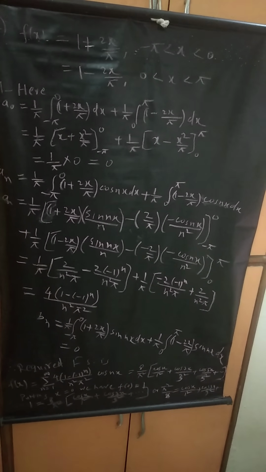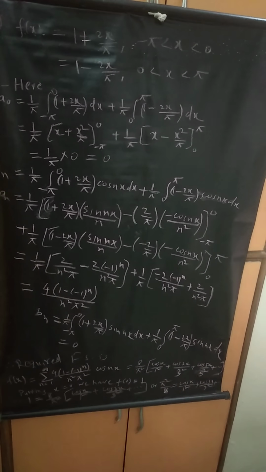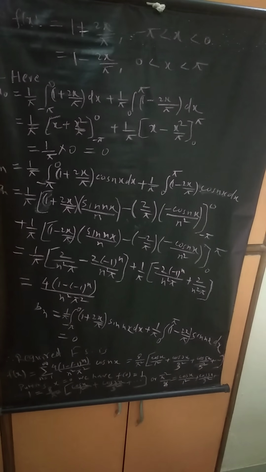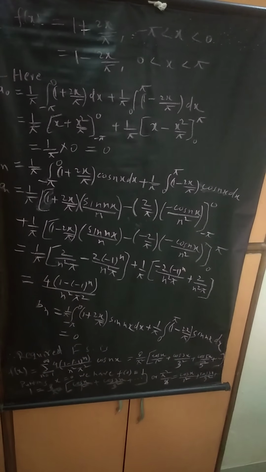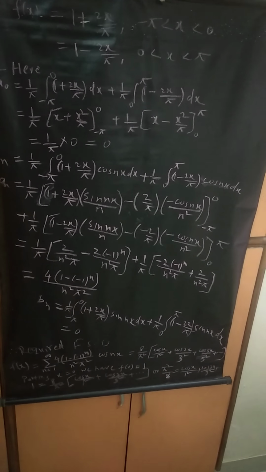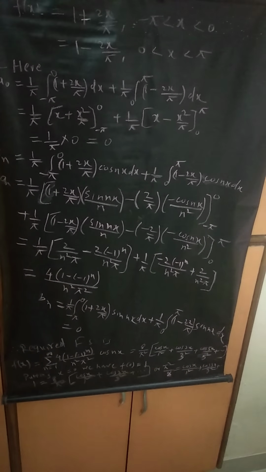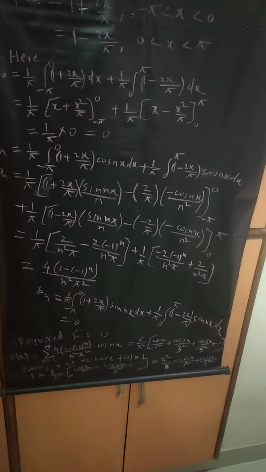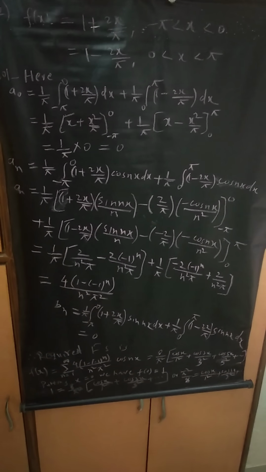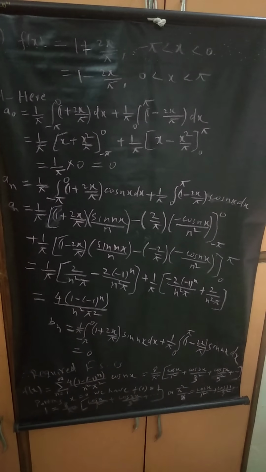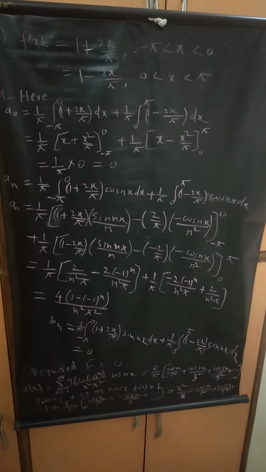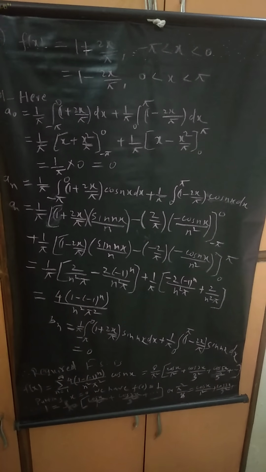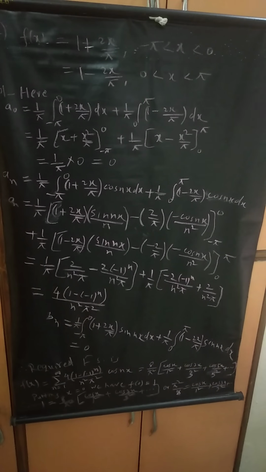Now the remaining work is to substitute the values of the limit. The values of the limit in the first one are 0 and minus pi, and in the second one 0 and pi. So in the first one, if we put x is equal to 0 and x is equal to minus pi, then we are getting 1 upon pi into bracket 2 upon n square pi minus 2 times minus 1 raised to n divided by n square pi.